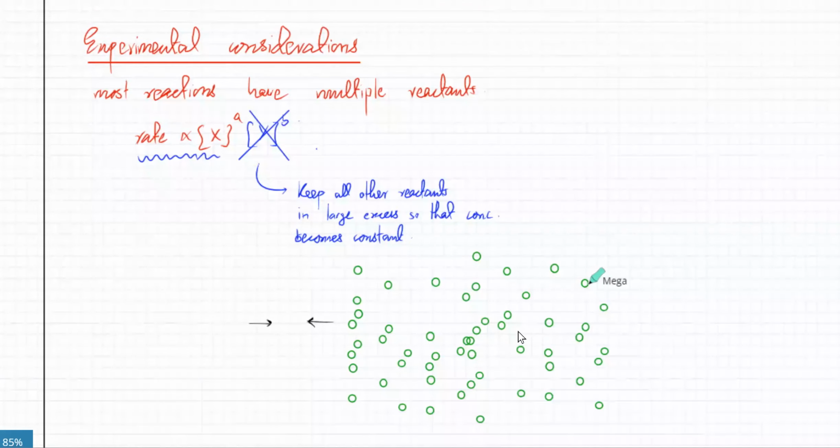So you keep all other reactants in large excess so that their concentration becomes constant. So your rate of reaction is only dependent on this other reactant. When it goes to 0, the rate of the reaction also goes to 0 because now there is no X, so Y will not be able to react. So Y is not going to affect the rate of the reaction. Is this point clear?